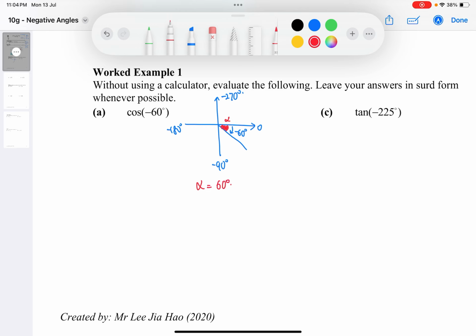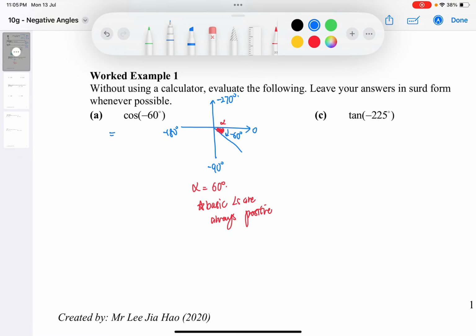Remember, basic angles are always positive. There's no negative sign for a basic angle. They are the positive acute angle connecting the line and the x-axis.